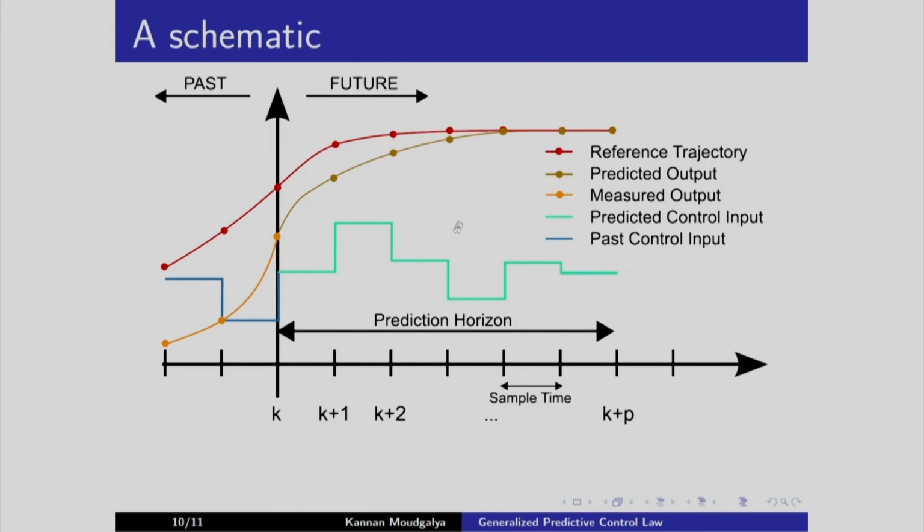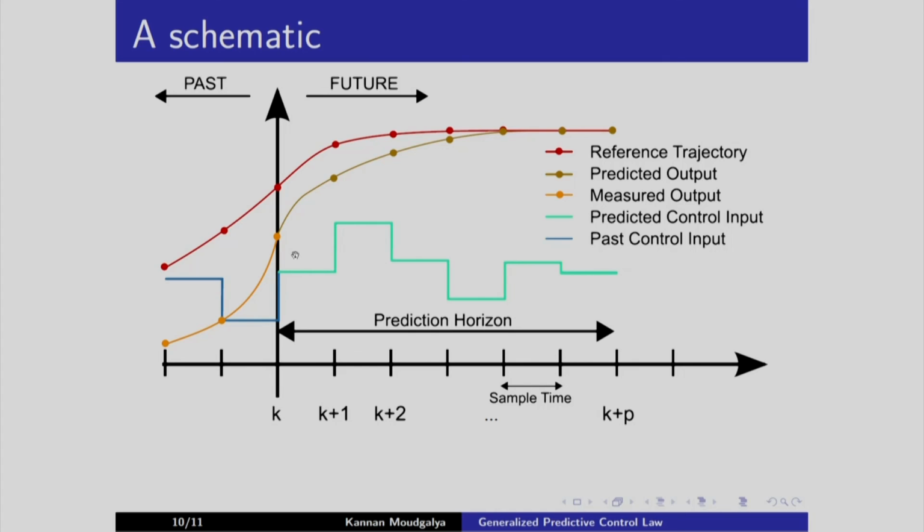Here is the schematic of the method that we have proposed. What is given in red is the reference trajectory. We don't give a direct set point change. Here is the measured output. This is the current instant, because whatever happened here until now is already known to us.